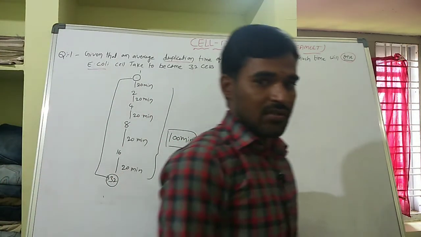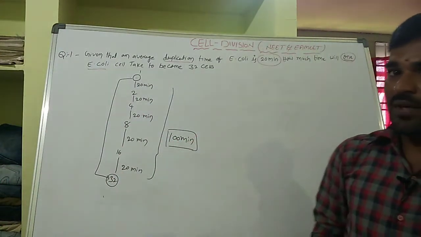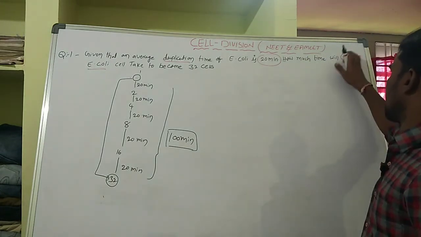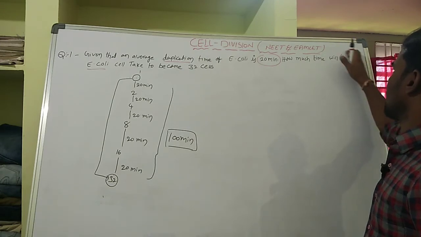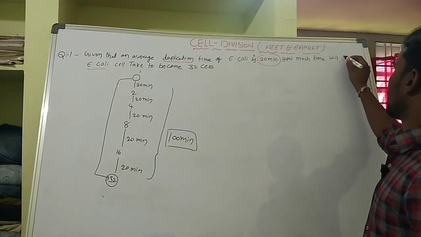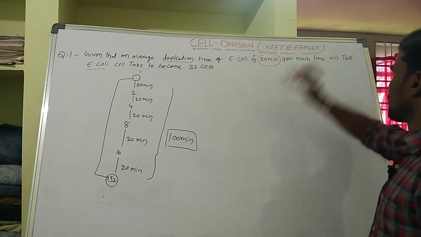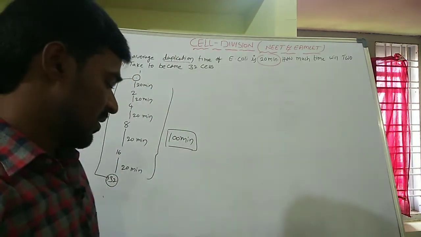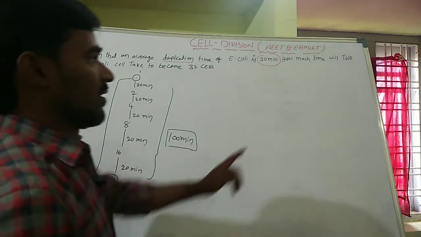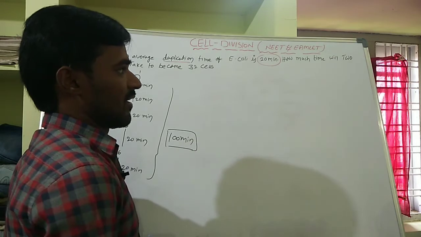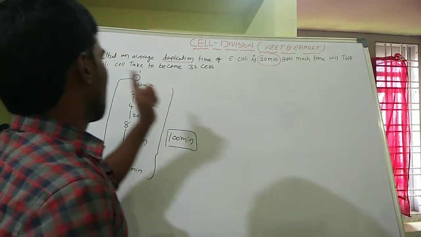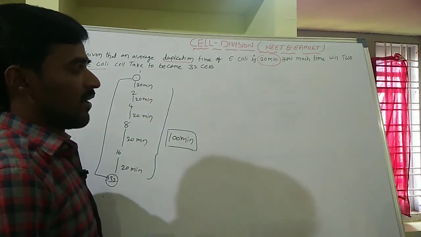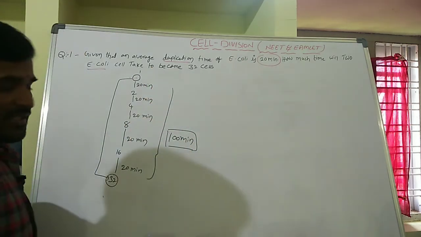For confusion, sometimes the same question is asked but he modifies one thing. Instead of one E. coli cell to become 32 cells, he mentions 2 E. coli cells.